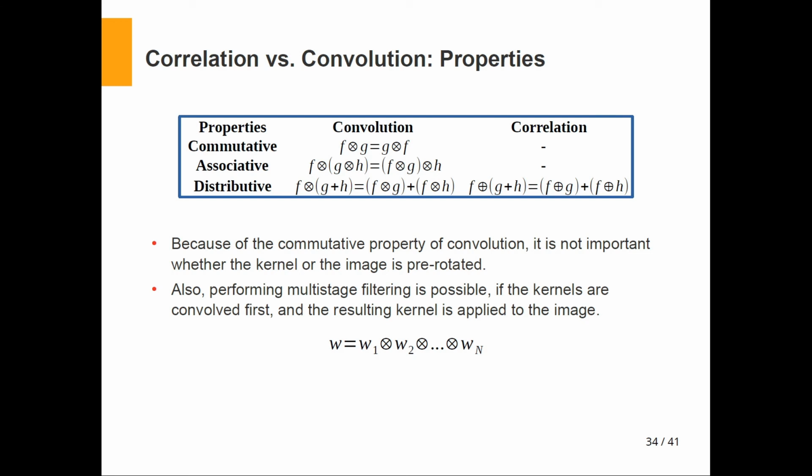For the first property, for convolution, we have the commutative property, which basically means that the convolution of f and g is equal to the convolution of g and f. But we cannot say the same thing for correlation. So correlation of f and g is not the same as correlation of g and f.